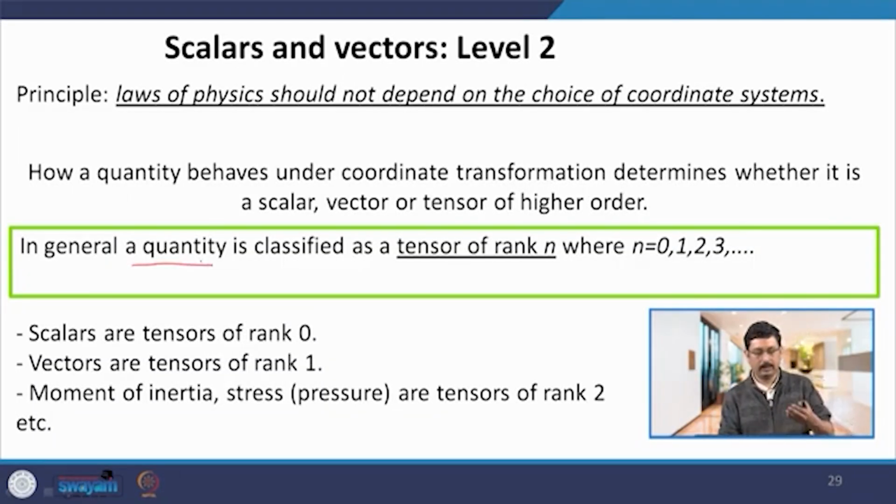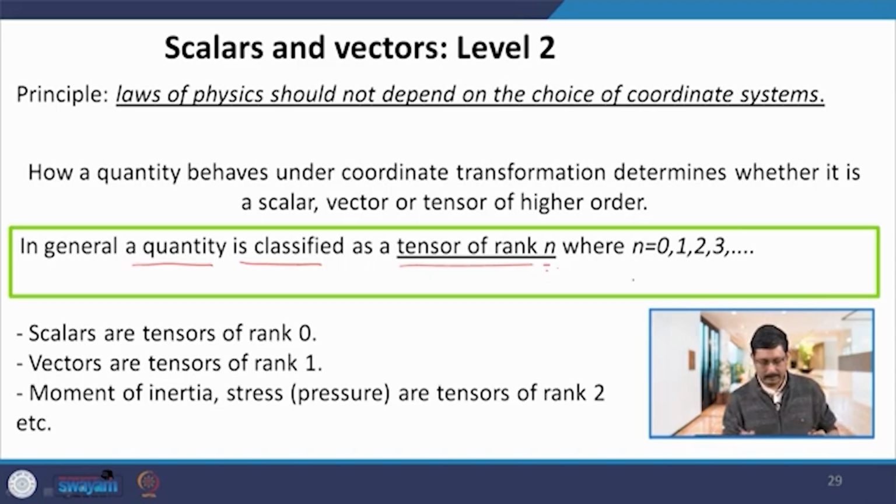So, in general, any quantity that we will encounter in this course is classified as a tensor of rank n, where n represents how many of this coordinate transformation matrix you will need to write down the relation between the components in the blue coordinate system and in the red coordinate system.